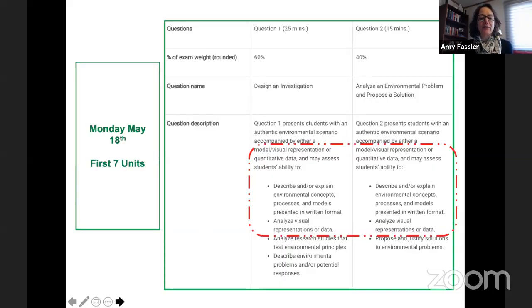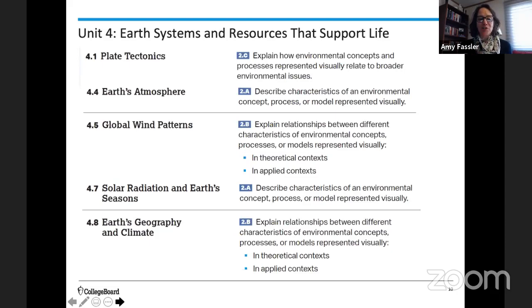When you look at the learning targets in the first part of chapter 4, we're jumping around a little bit in our organization of those. These topics really don't lend themselves in and of themselves to a lot of experimental design or solutions. So I'll tell you where we're going with our lesson today. We're going to look at plate tectonics and then the atmosphere and how global weather and climate patterns are created.